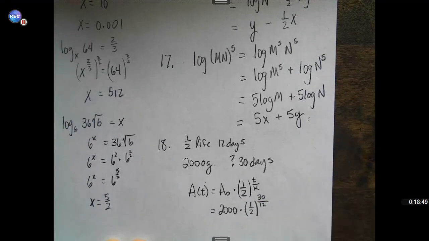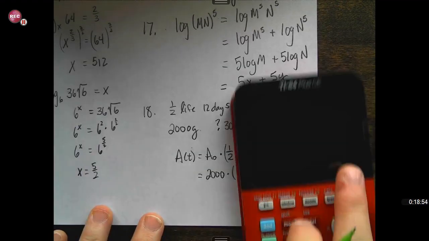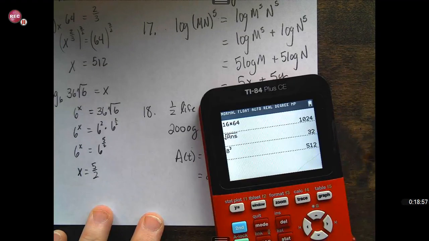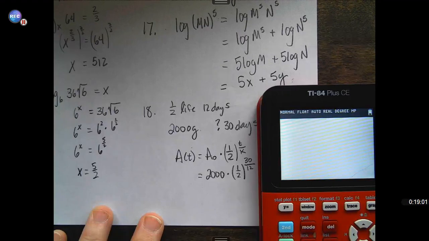And so I can go to my trusty calculator and put in 2,000 parenthesis fraction 1/2 parenthesis to the fraction 30 over 12.